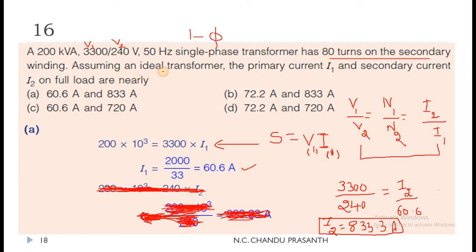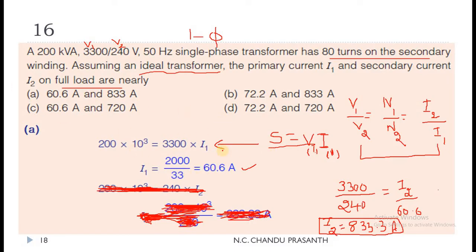Assuming an ideal transformer, the primary current I1 and secondary current I2 on full load are nearby. What we have to find out is I1 and I2. For explanation purpose, we already know the formula S equals V into I. For our convenience, in order to find I1, I take S equals V1 into I1.